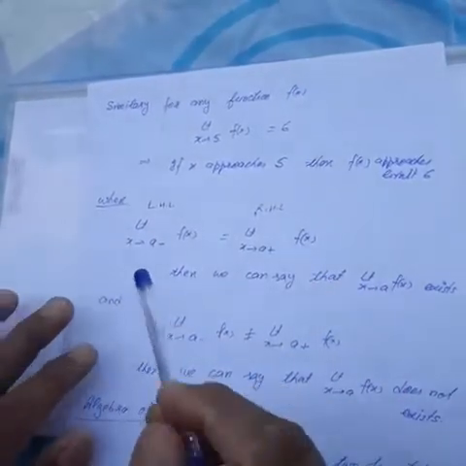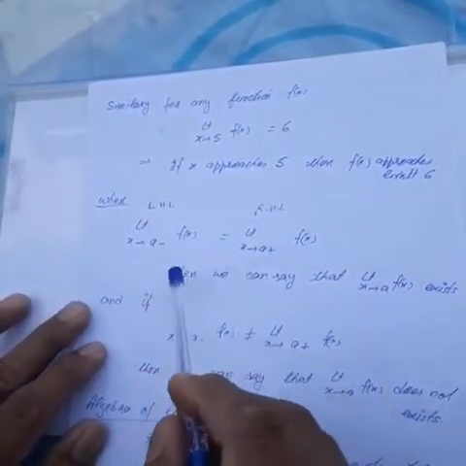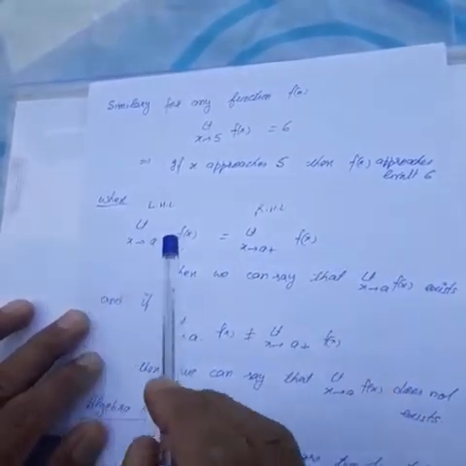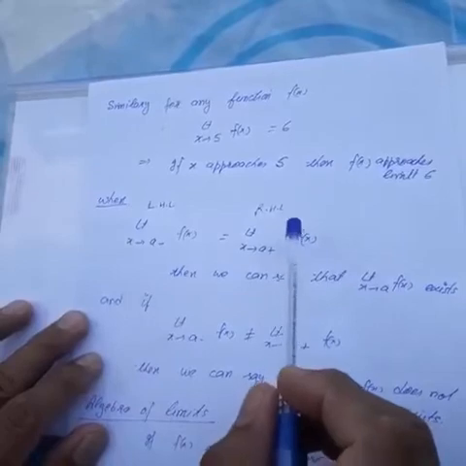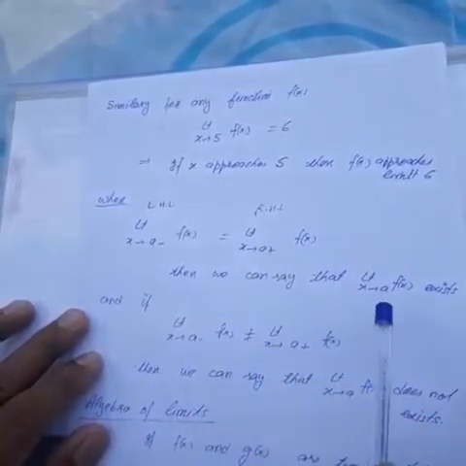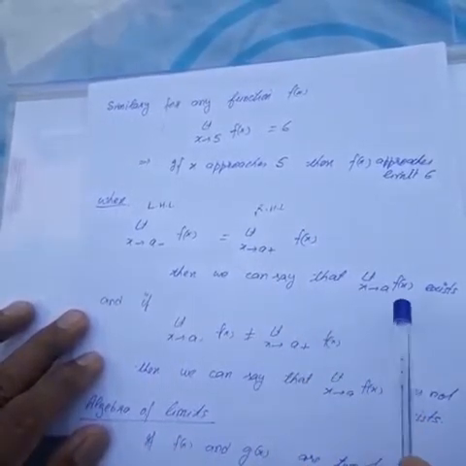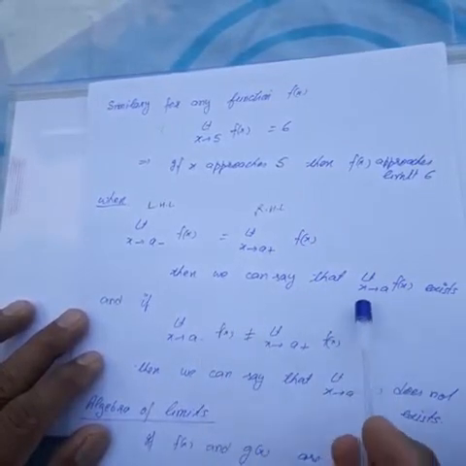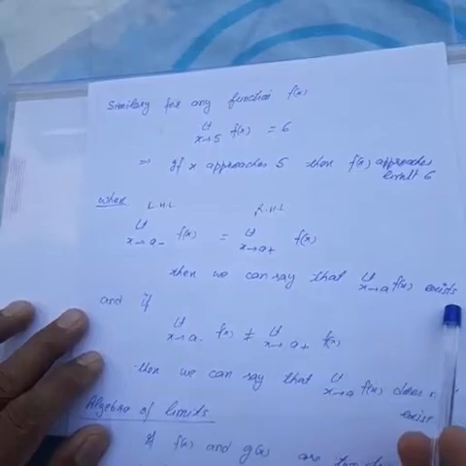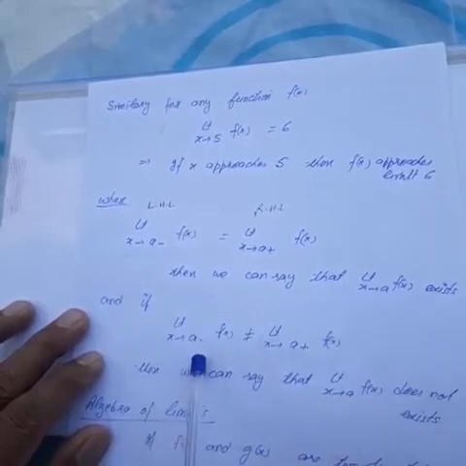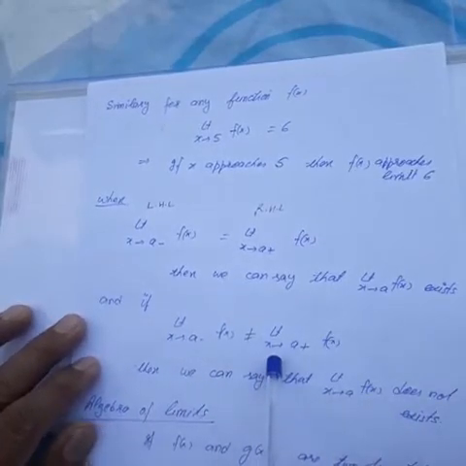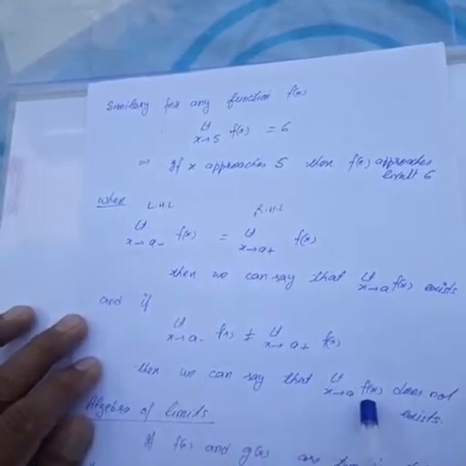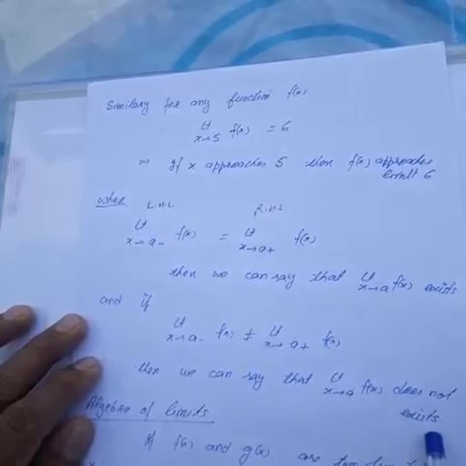When left hand limit is equal to right hand limit, we say that limit x tends to a of f(x) exists. When left hand limit is not equal to right hand limit, then limit x tends to a of f(x) does not exist.